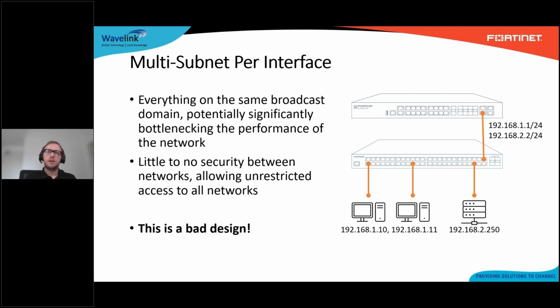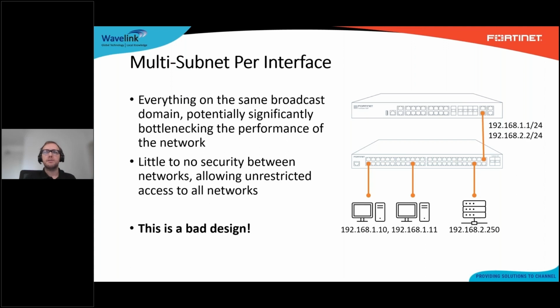Now, while this does make configuration of the network extremely simple, thanks to not requiring any special configuration on any of the switches on your network, it does have significant security and performance implications for your customers.